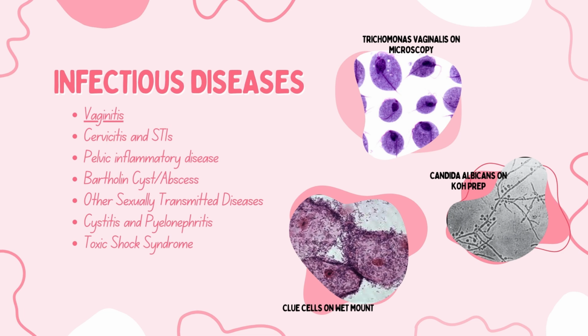So the KOH prep with pseudohyphae, it's budding yeast, and I really think in the image, maybe it's just me, but to me it really does look like tree branches, kind of branching, and then with little leaf or flower buds on the tree branches. So that's always what I've used to identify a candida infection on an exam. I feel like this is a pretty distinct looking image.